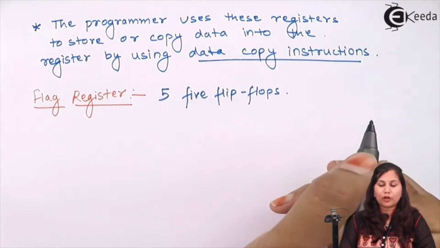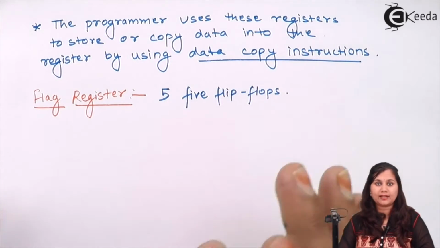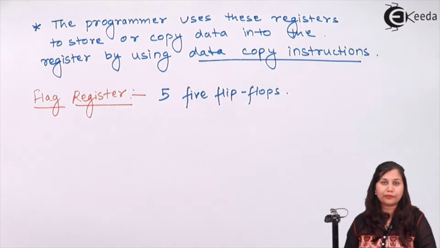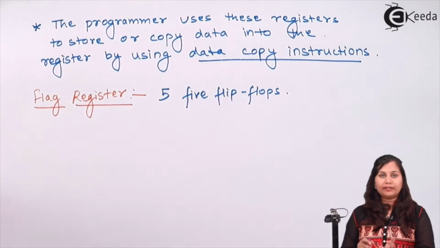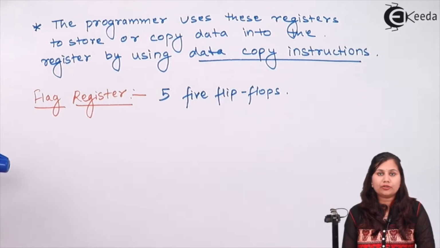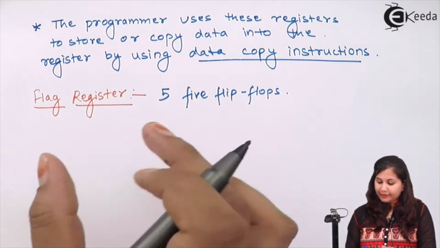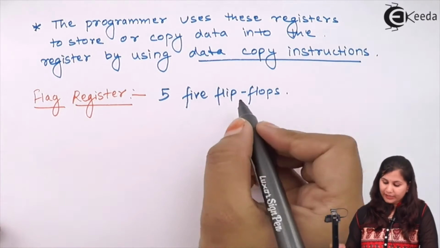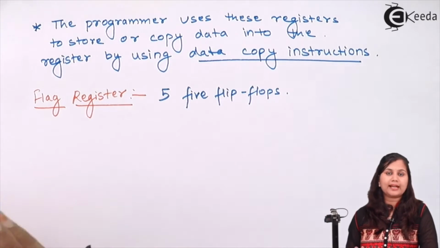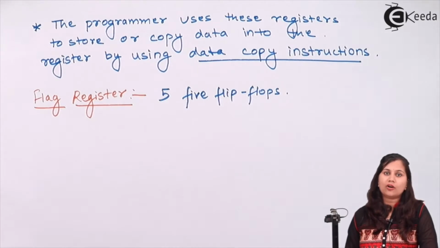These 5 flip-flops are set or reset according to the operations performed on the data. If we have performed the addition of two numbers and we have obtained a carry, then that flag will be set. So these flip-flops are set or reset according to the result obtained after the operation.